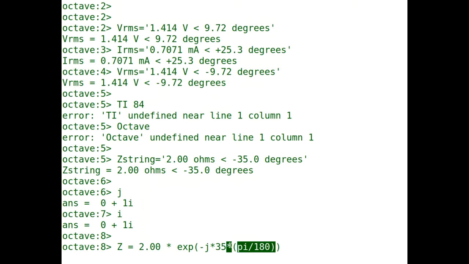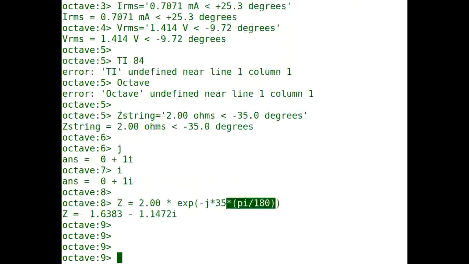And again, if you have a TI-84, this is how you have to put it in. If you have a TI-89 calculator, you could actually just type in something like 2, and then there's an angle symbol on your TI-89 calculator, and then you put in the angle minus 35.